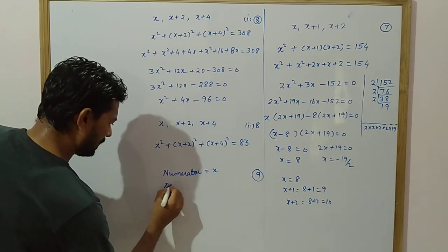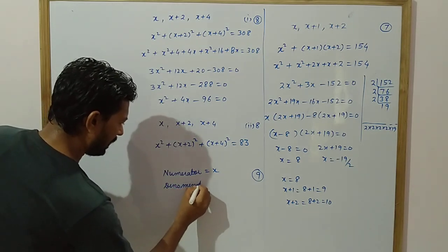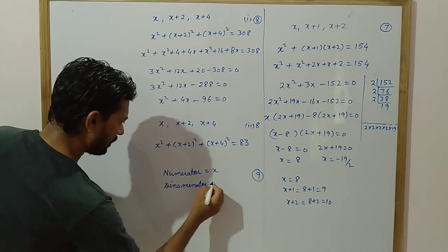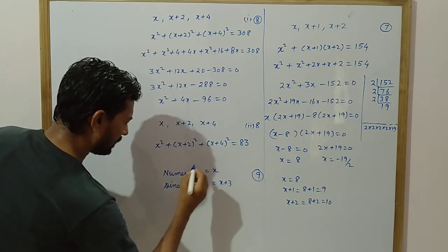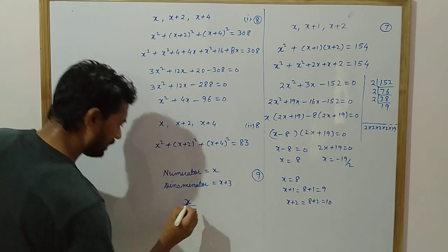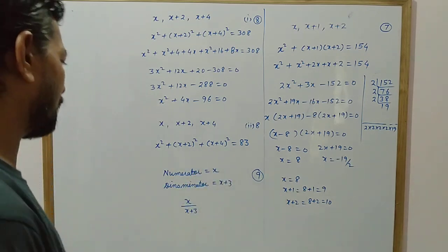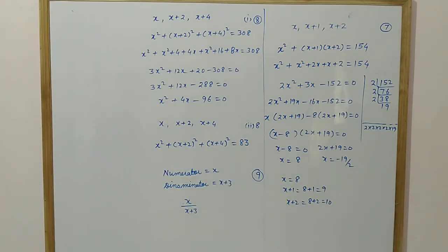So the denominator is greater than the numerator by 3, so denominator will be x plus 3. So our fraction will be x by x plus 3. Any doubt? See here. Numerator to be x, denominator will be x plus 3. So the fraction will be x by x plus 3.